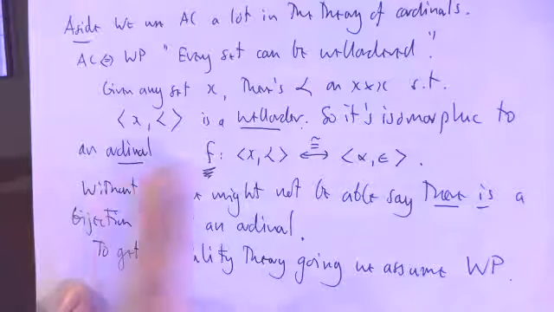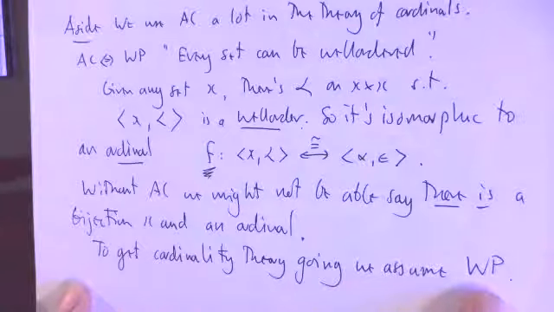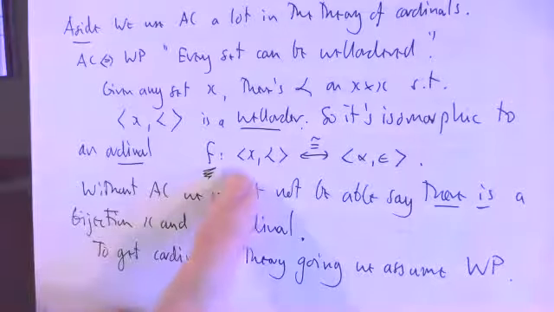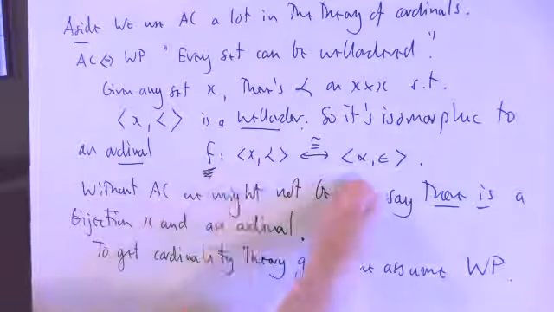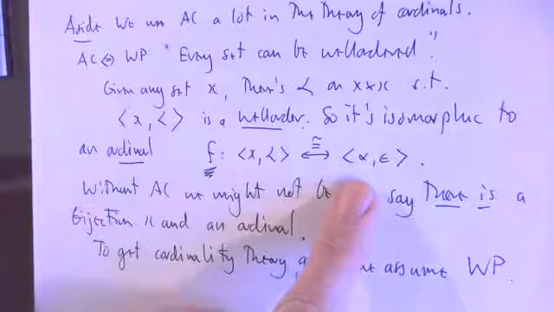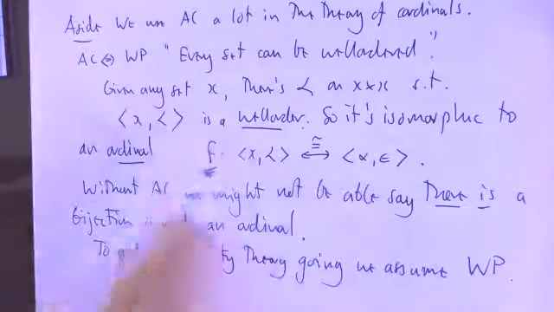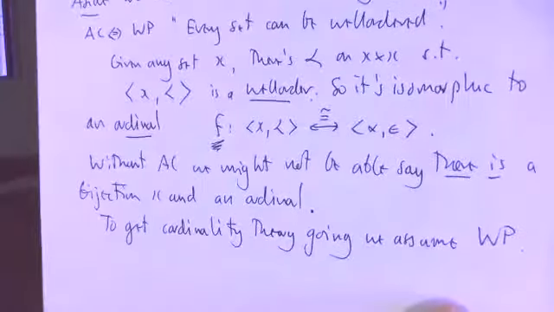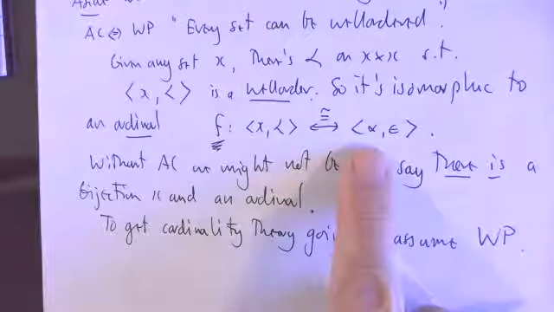When you've got that sets are bijective with ordinals, we've got a ready and handy definition of what the cardinality of X is. It's the least alpha bijective with X. We use ordinals. I mean, some ordinals can play the role of cardinals. But if you don't have this bijection property, then you have to say what cardinals are. And they aren't all ordinals. They'd have to be something else.